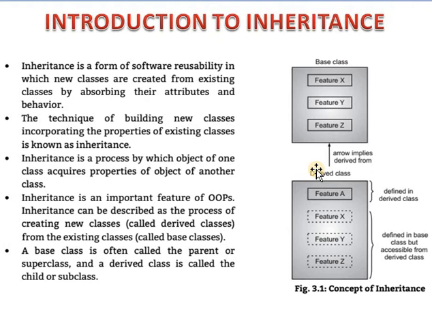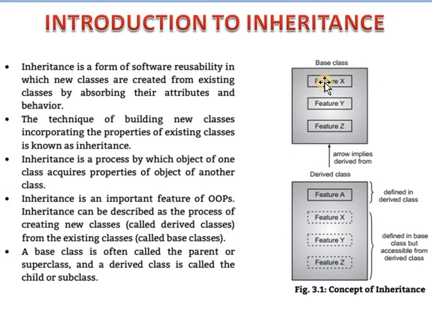Here, the child class, subclass or derived class inherits the properties of the base class. The technique of building new classes incorporating the properties of existing classes is known as inheritance. This process of creating a new class by using the properties of the existing class we call inheritance.